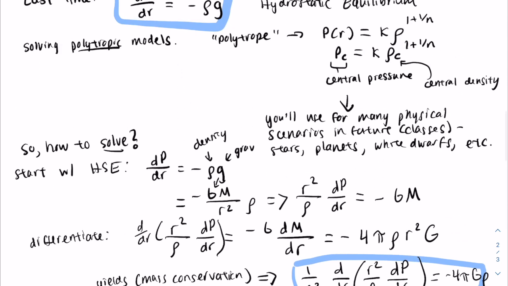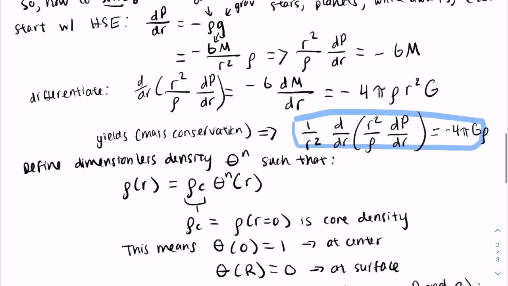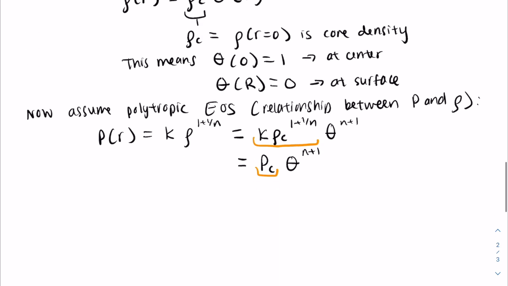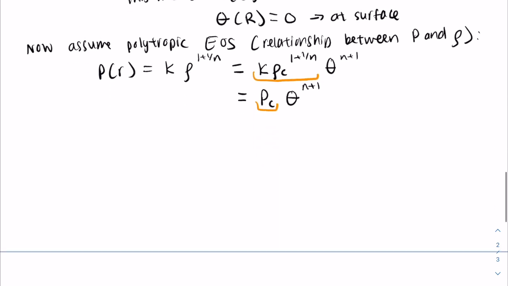Okay, right here, where we said that the central pressure is going to be just the polytrope equation, but with the central density plugged in for the density. So we're just here substituting in that central pressure into our equation of state. So we have the pressure at r equals the center pressure times theta to the n plus 1.